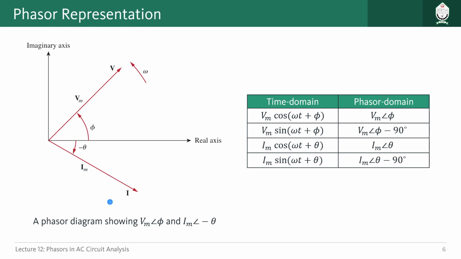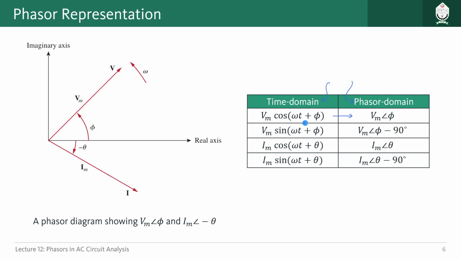So in this way we can represent different signals we have in a circuit and the relationships between them in terms of phase and amplitude. All of those things can be represented in one graph here. This is called the phasor diagram. Another very important thing: if we want to represent a time domain signal as a phasor domain quantity, then we can do something like this.